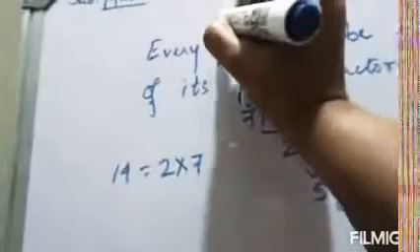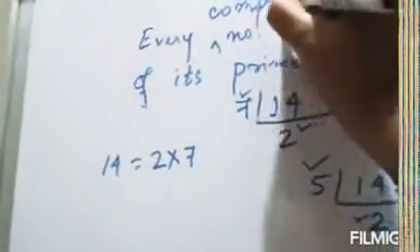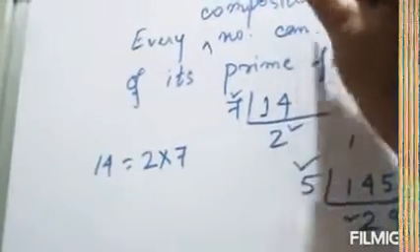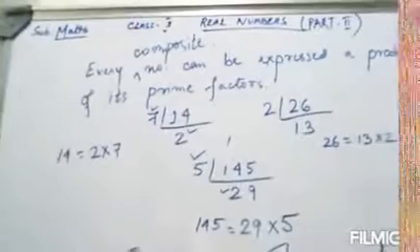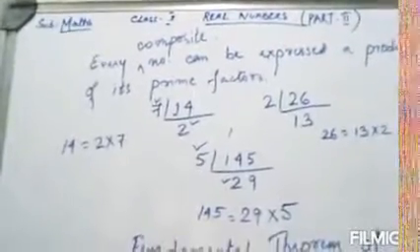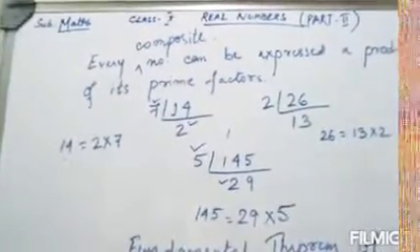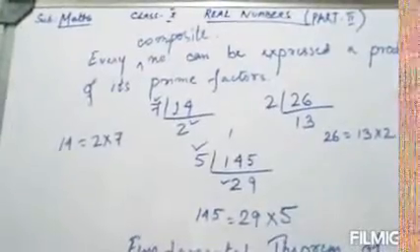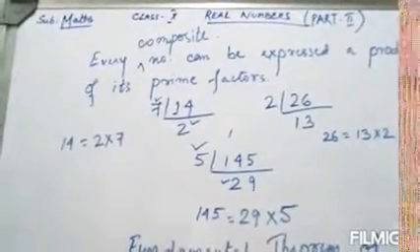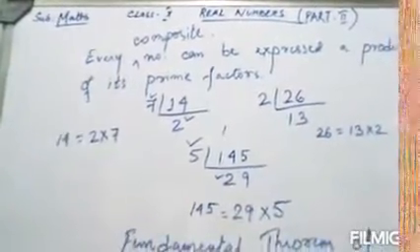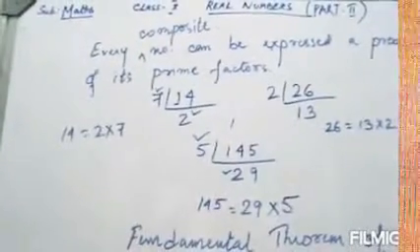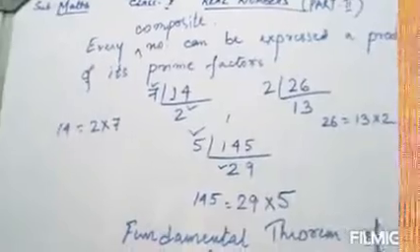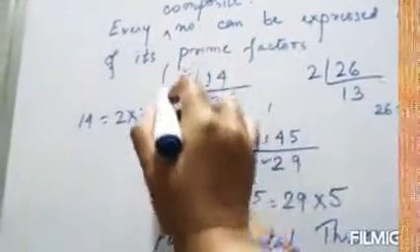Here every number means composite numbers. Prime numbers obviously have only 2 factors, the number itself and 1. So every composite number can be expressed as a product of primes, and this occurrence of the prime numbers in the factorization, this process is known as factorization.